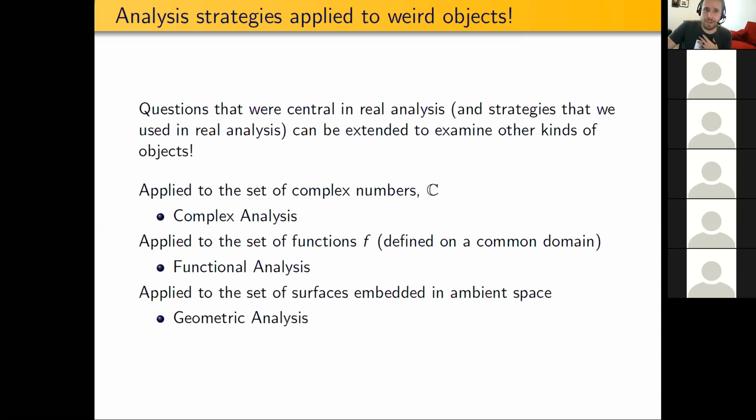And then something that's near and dear to my heart, if you look at geometric spaces, like spaces of objects or sets of surfaces embedded in some ambient space, that can lead to something like geometric analysis, which again is my personal favorite. And so let's talk about what this looks like, applying real analysis strategies to these weirder, more abstract spaces.